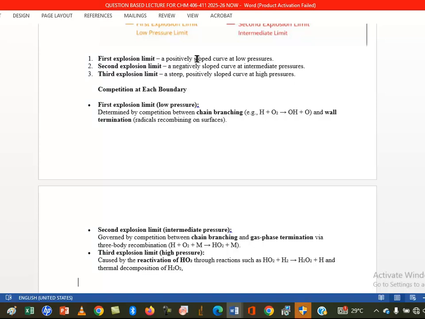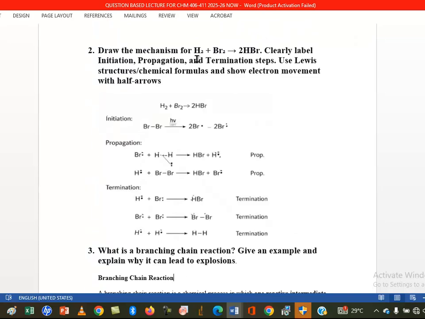And then the third explosion limit, which is the high pressure, here you have reactivation occurring, in this case reactivation of HO2 through the following reactions. So that's it for that question.